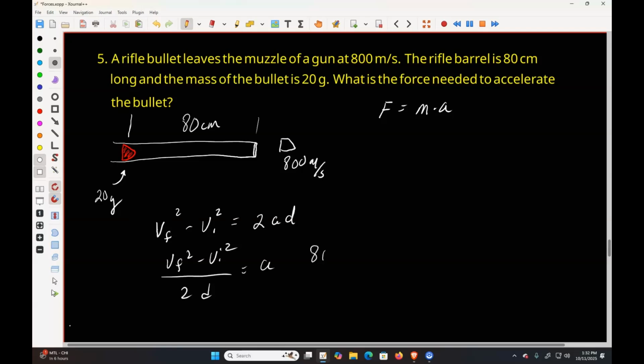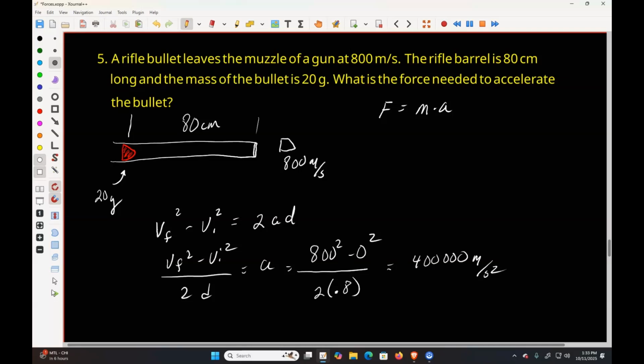So we have 800 squared minus 0 squared, since it started from rest, over 2 times, it has to be in meters, 0.8 meters. So I know the acceleration is going to be 400,000 meters per second squared.